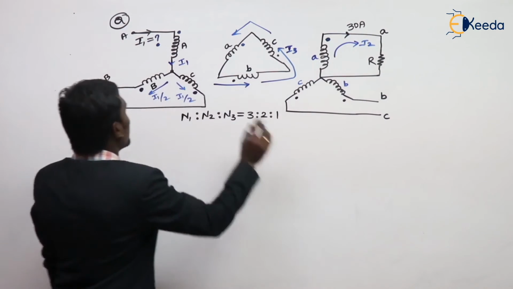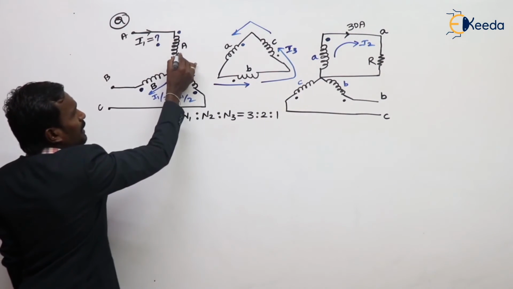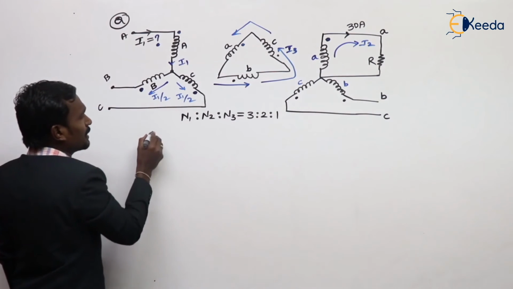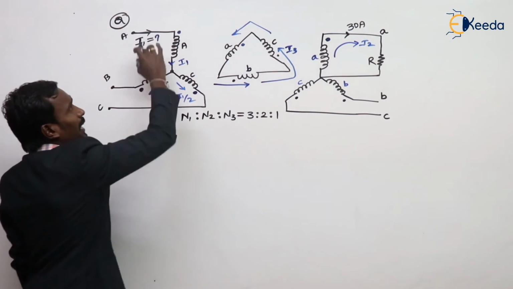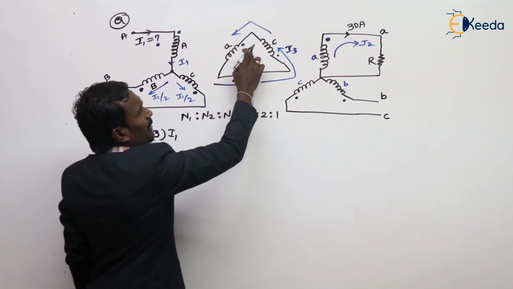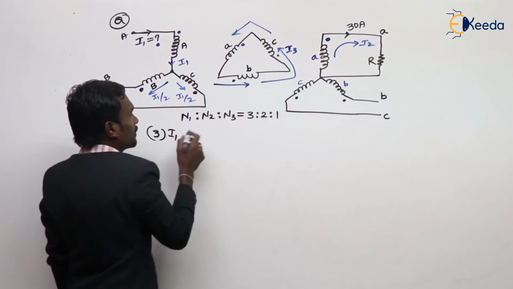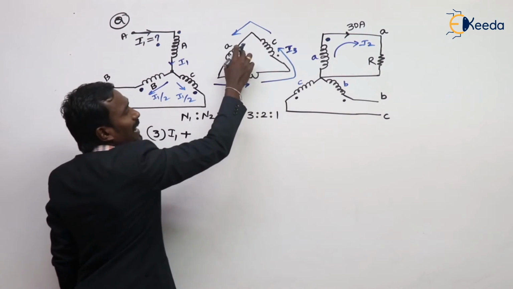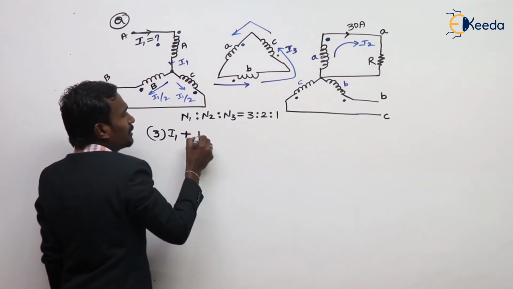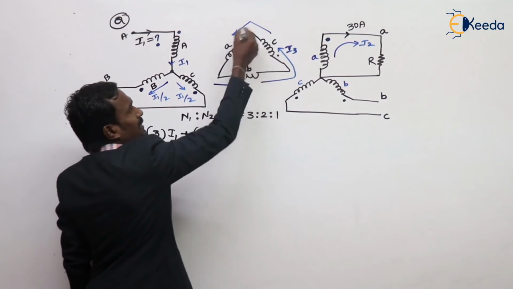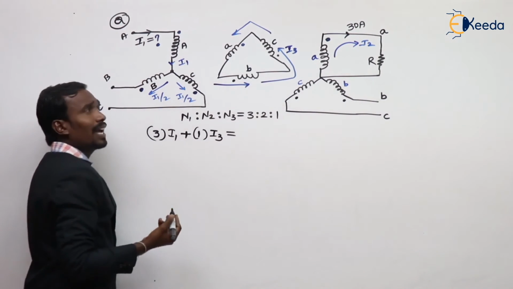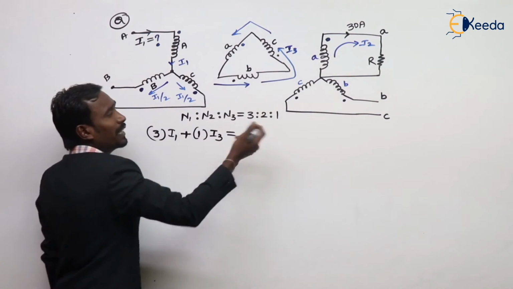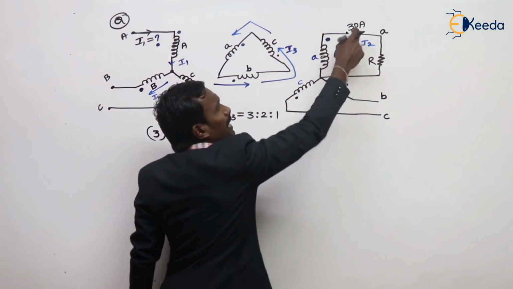So N1 I1, where N1 is 3, plus the tertiary winding N3 I3, where N3 is 1 and I3 is I3 only, is equal to N2 I2, leaving from the A phase.